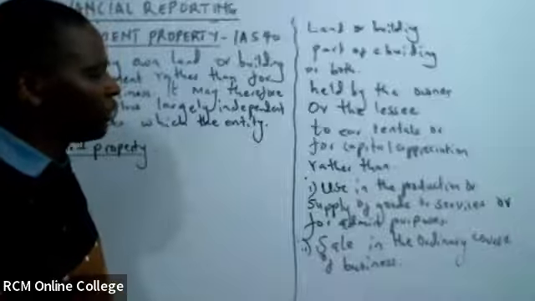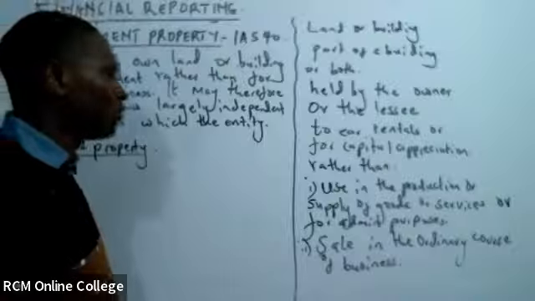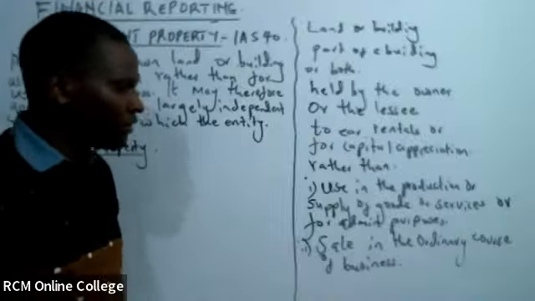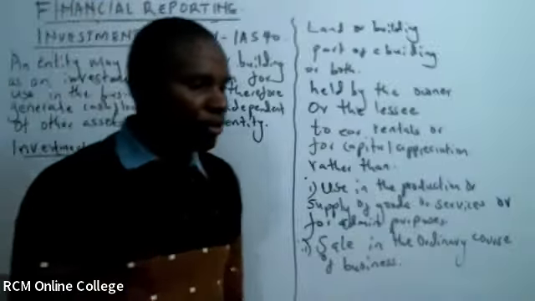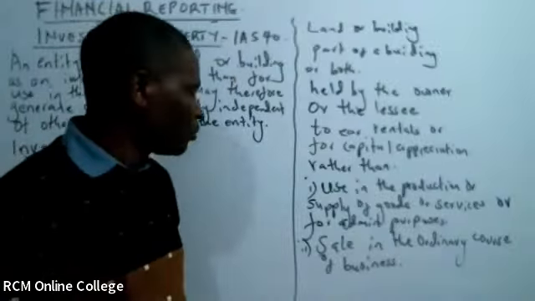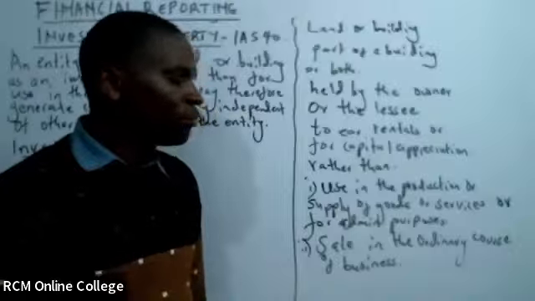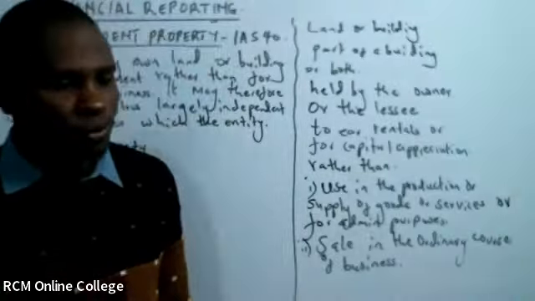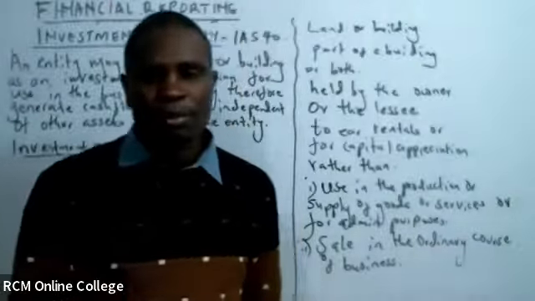They are not used in the production or supply of goods or services or for admin purposes. They are also not used for sale in the ordinary course of the business.